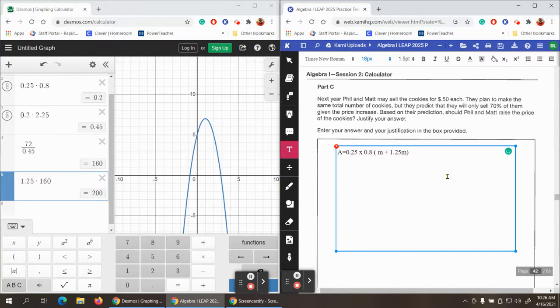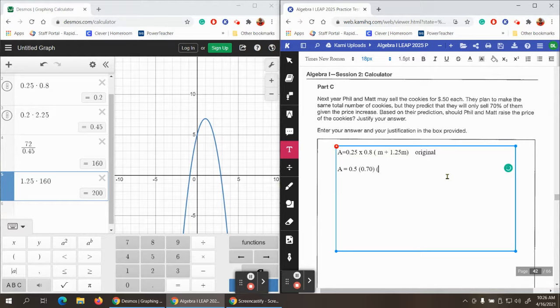Rewrite it so that way this is the original. That way you know it's the original. And so now it's going to be A equals 50 cents. They're only going to sell 70%, so that's 70%. And they're going to make the same number of cookies.